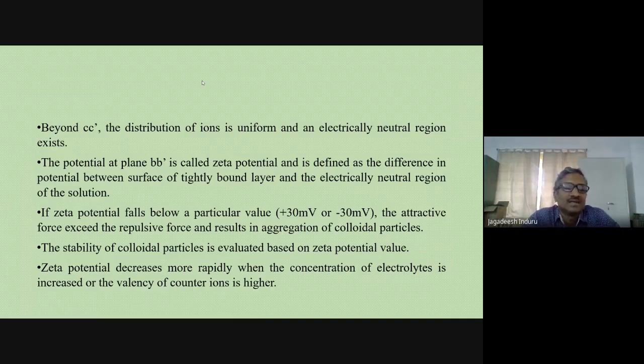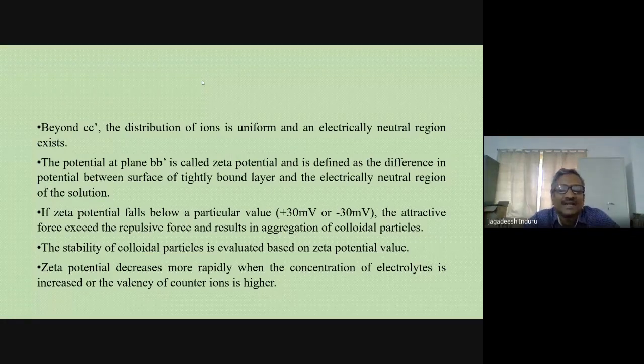If the zeta potential falls in the range of plus 30 millivolts to minus 30 millivolts, the attractive force exceeds the repulsive force and results in aggregation of the colloids. I repeat, in the range of plus 30 to minus 30 millivolts, near zero, there is an attractive force and you get aggregation of the colloids.